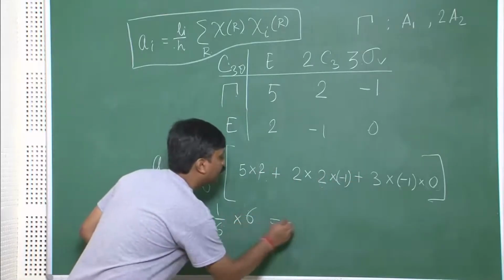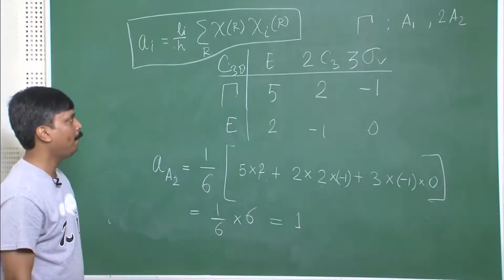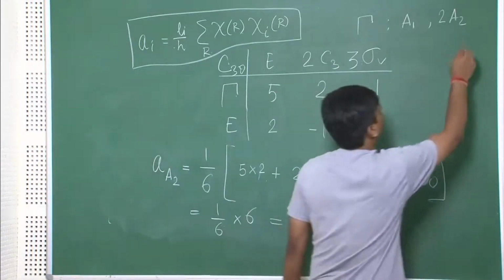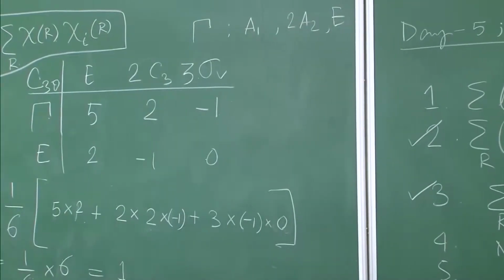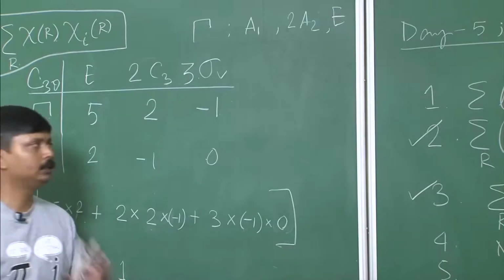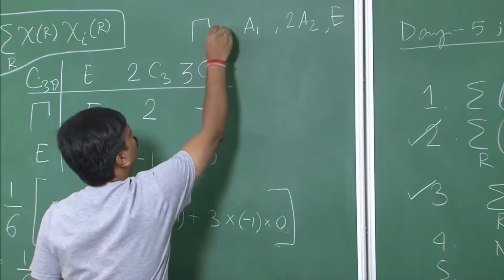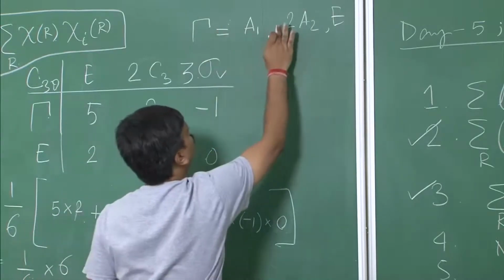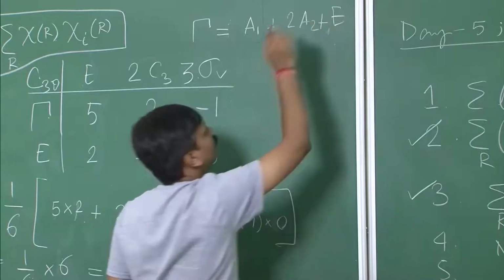So I get equals to 1. Okay. So I get the E irreducible representation only once. So what I can write now, this gamma which was reducible equals A1 plus 2A2 plus E.